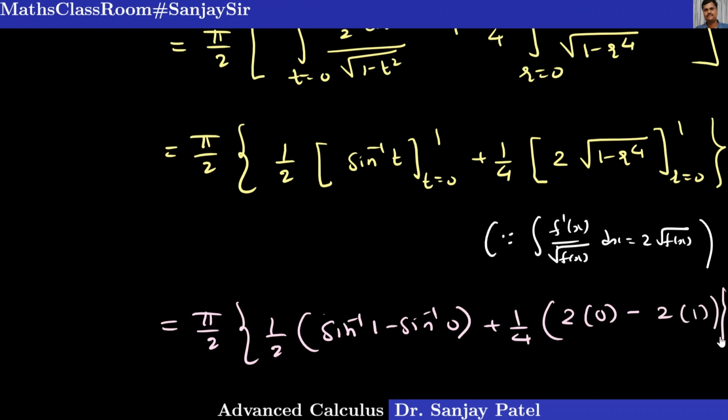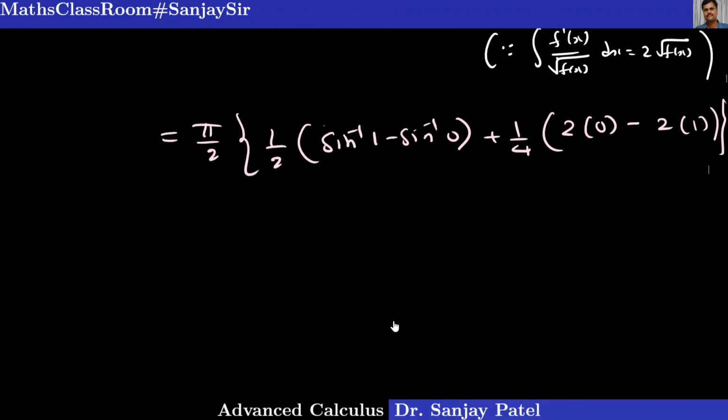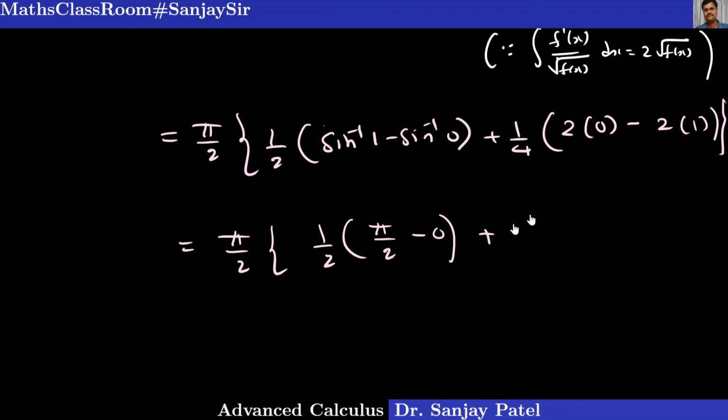Okay, so what is the final answer? This is equal to pi by 2 into 1 by 2. Sine inverse 1 is pi by 2, sine inverse 0 is 0, and plus this is what? It is not plus, it is minus 1 by 2.